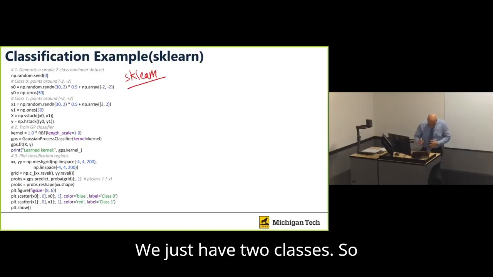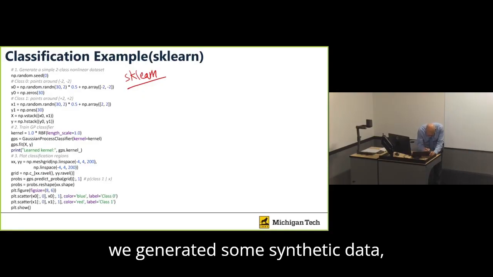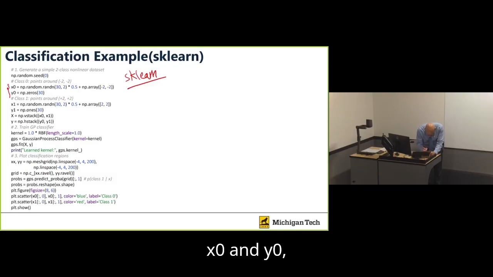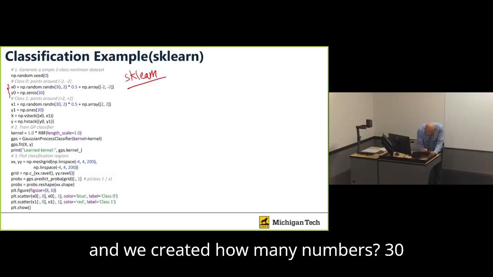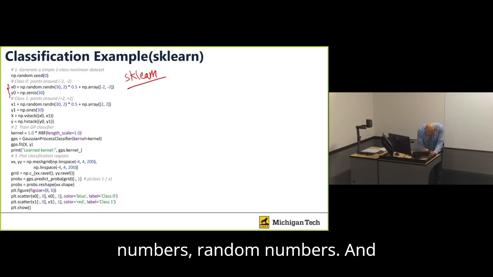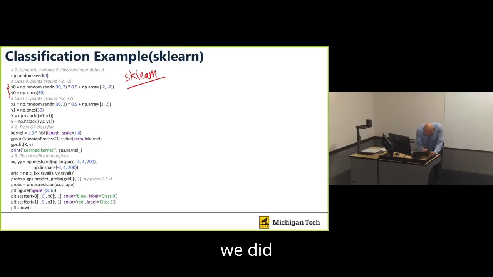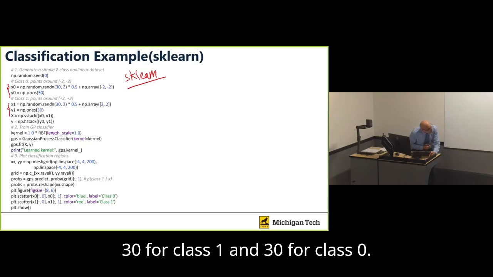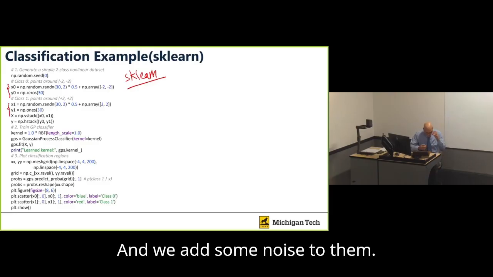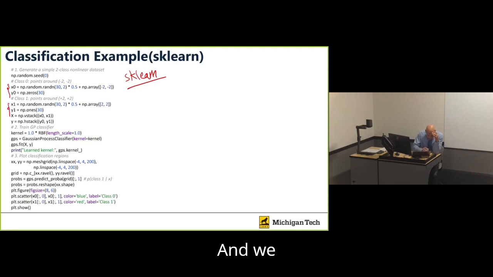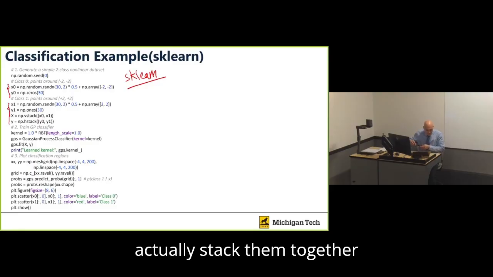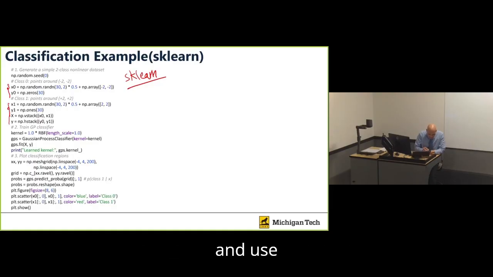Anyway, in this example, we are classifying two classes. We just have two classes. So we generated some synthetic data, x0 and y0, and we created how many numbers? 30 random numbers, 30 for class 1 and 30 for class 0, and we add some noise to them, and we stack them together and use the RBF function, radial basis function.